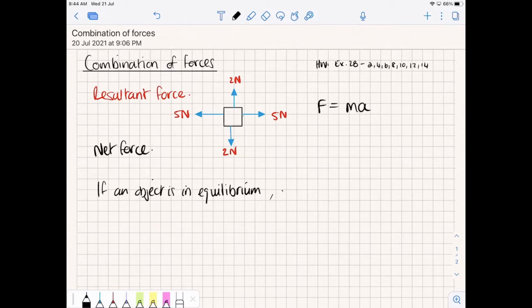It's 0. When an object is in equilibrium, there's no resultant force. Right, so the net force or the resultant force is 0.